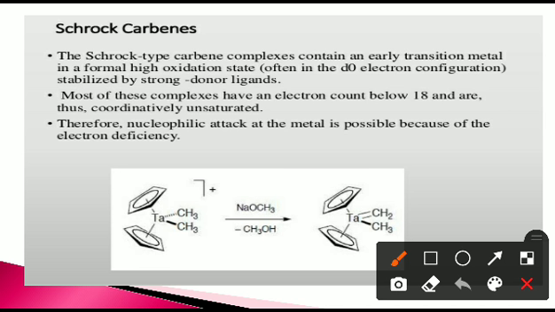Next is the Schrock carbene. This is an example of the Schrock carbene. The Schrock carbene complexes are early transition metal complexes with the metal in a high oxidation state. Here they are stabilized by a strong donor ligand. Most of these complexes have an electron count below 18 and are thus coordinatively unsaturated.